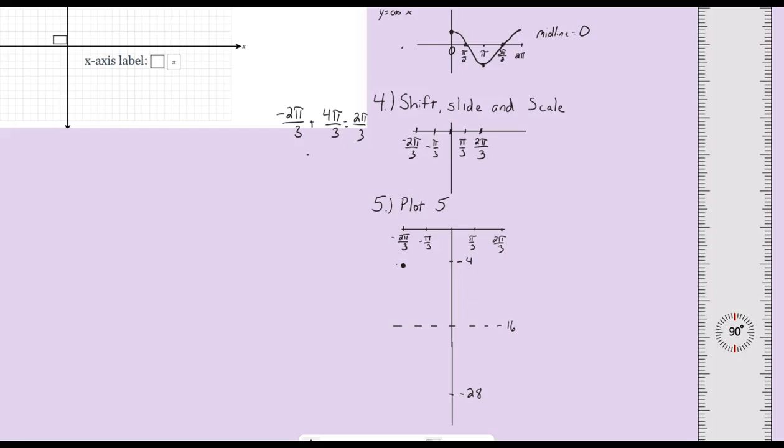At negative pi over 3, it's going to be coming down to negative 16. At 0, it'll come down to negative 28. At pi over 3, it'll be back at the midline. And then at 2 pi over 3, it's going to be back at the maximum of negative 4. So it'll look something like this.